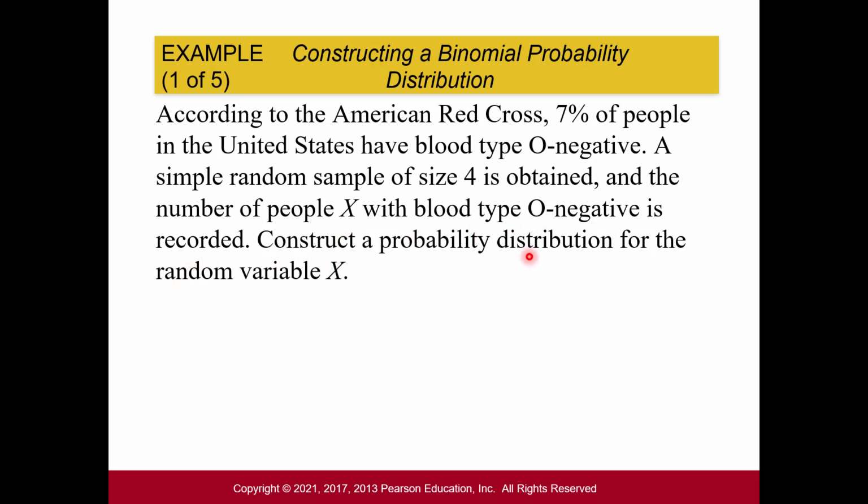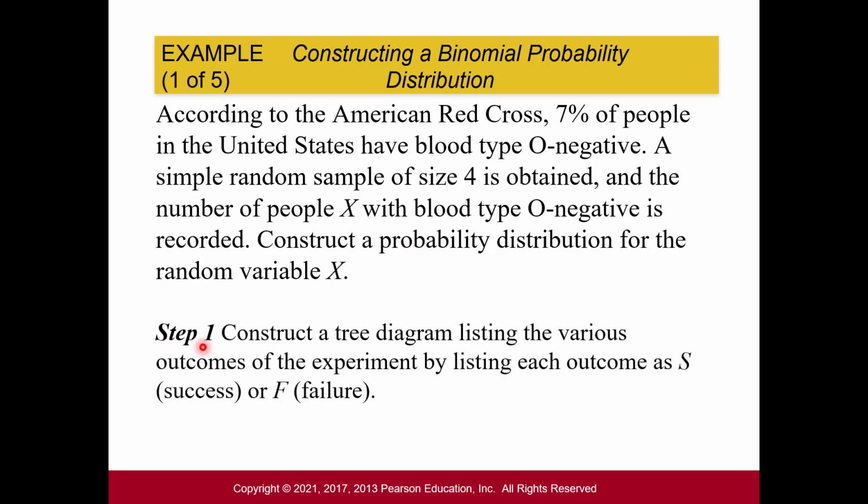Construct a probability distribution for the random variable X. So quick reminder, a probability distribution means that we need to have the values for X, our random variable, as well as their probabilities. So step 1, construct a tree diagram listing the various outcomes of the experiment by listing each outcome as S, success, or F, failure.